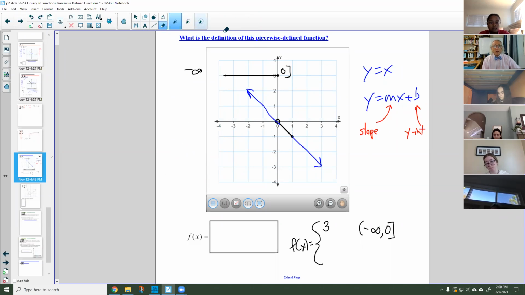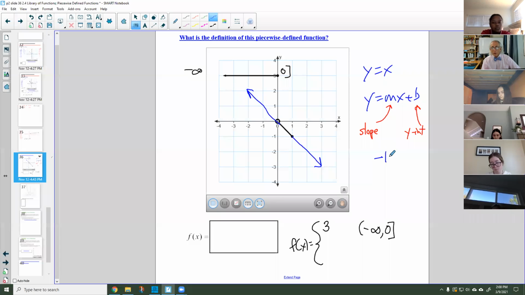So I know that it's a negative number, so my m is a negative number. And if it's rise over run, I'm going down 1 over 1. Can you see that? Yes. So what's the slope then? Is it just -1? It is -1.